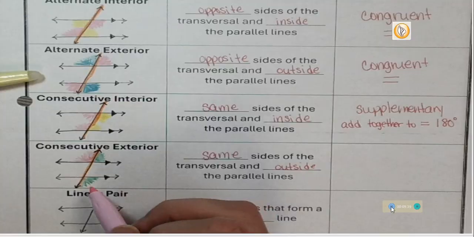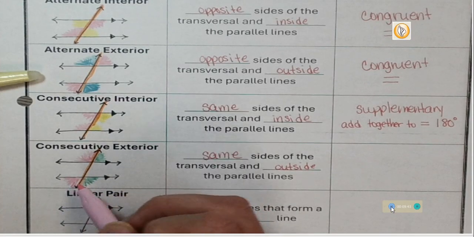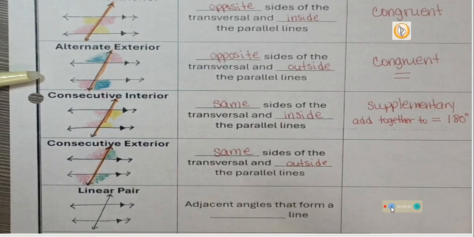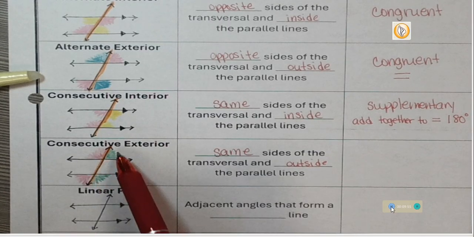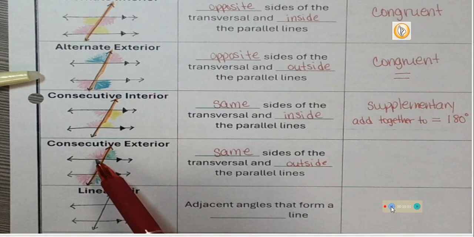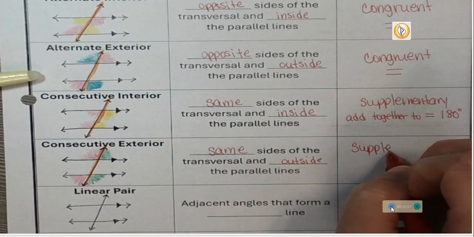Its consecutive exterior will be outside the parallel and on the same side of the transversal. Now, these are one pair. These are another pair. Okay. When I look at these, this corresponds to here, which means they aren't equal to each other. These are also supplementary.